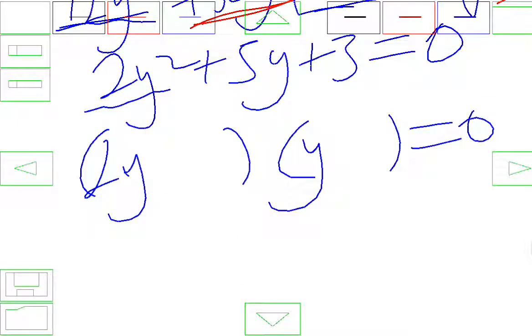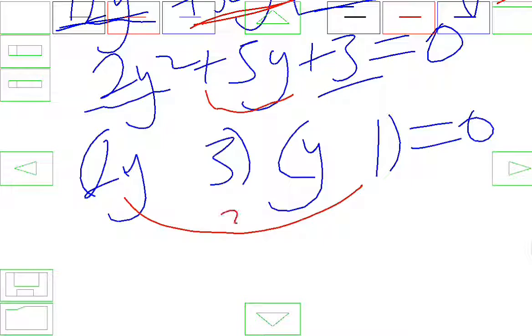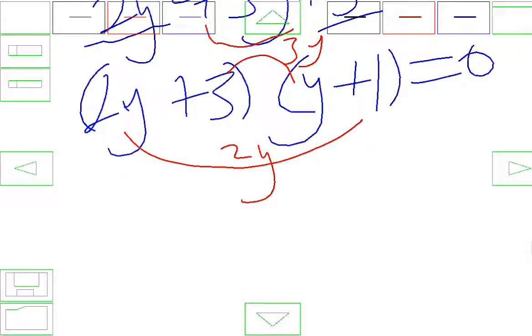So now in order to get the 3, we'll say 3 and 1. And in order to get the middle term, we're going to say that multiplied by that, which is 2y, and then that multiplied by that, which is 3y. So in other words, we have all positives. It has to be positives in order to get the middle term.